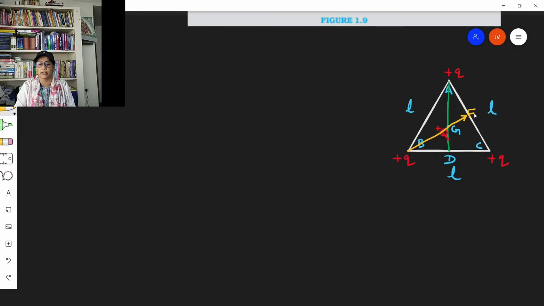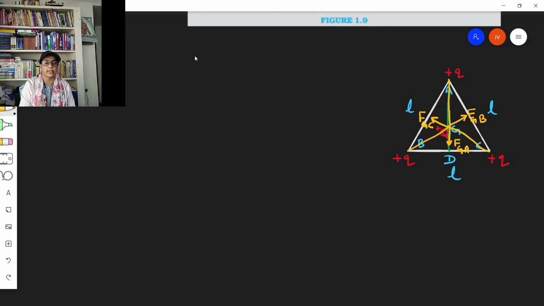This is force on G due to B. This will be the direction of force on charge at G due to charge at C, and this will be the direction of force on charge at G due to charge at A.